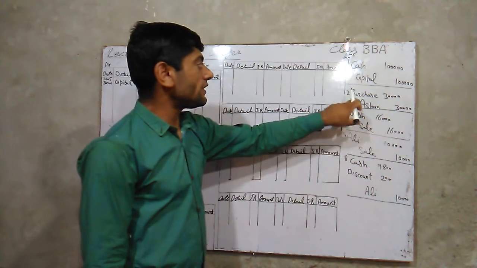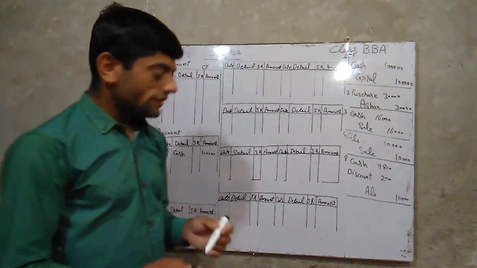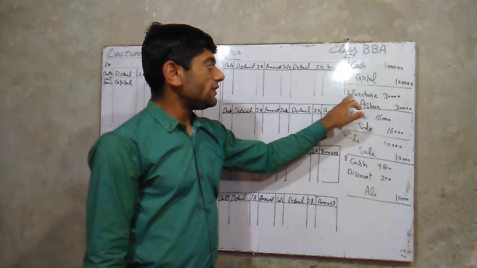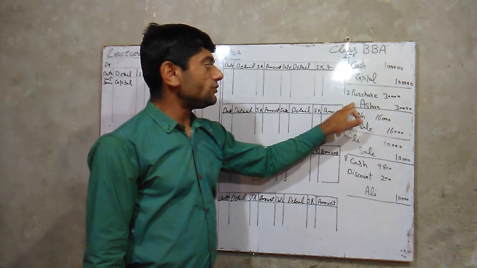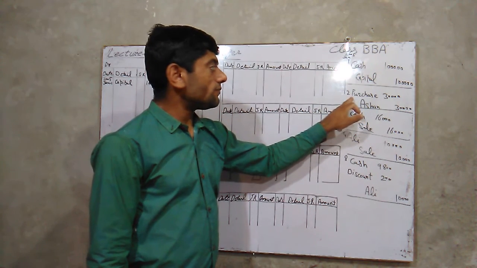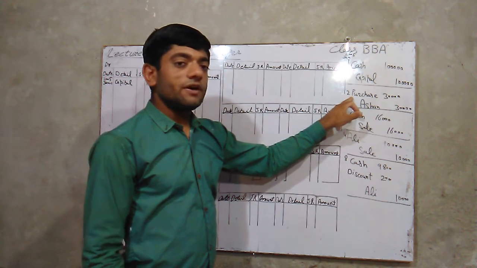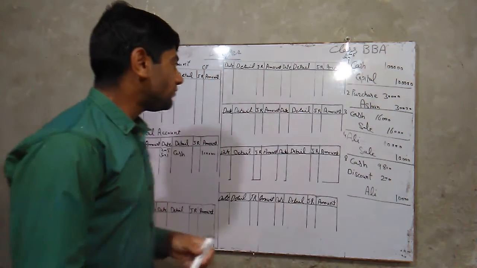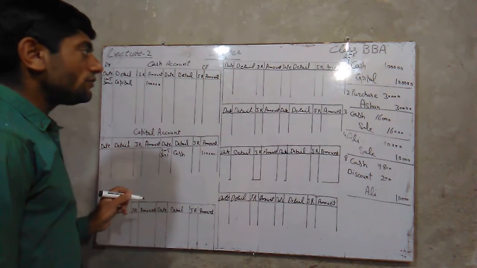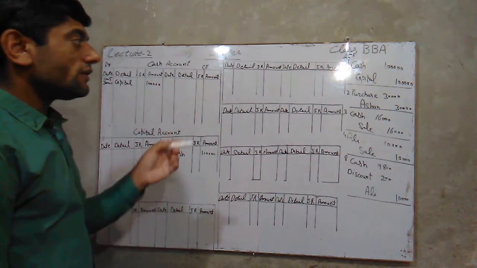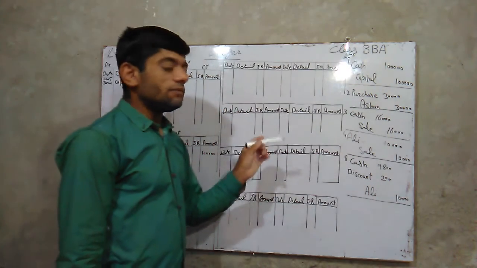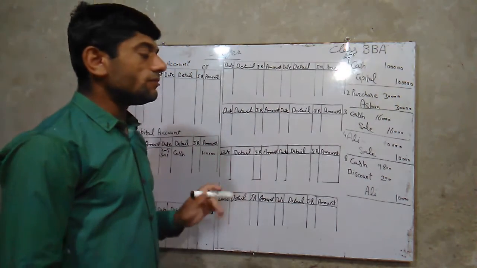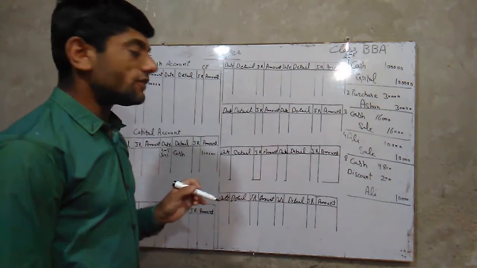Now move to the next transaction: purchases from Ehsan, meaning purchases on credit from Ehsan. Purchases increase because we buy the purchases, and when purchases increase, it's debit. So the purchase account is debited due to Ehsan, meaning accounts payable. Ehsan is our liability; we will pay the amount to him because we bought purchases on credit from Ehsan.